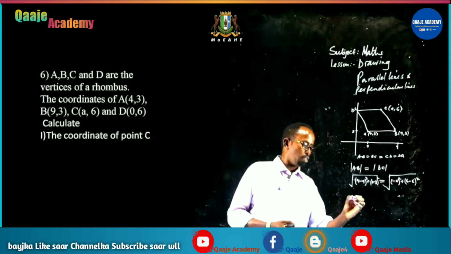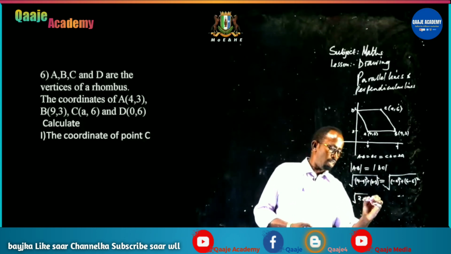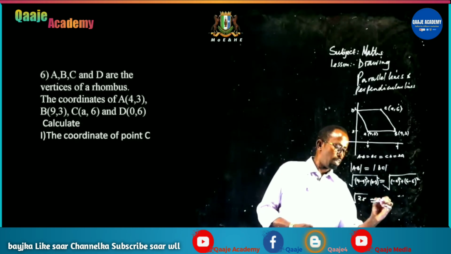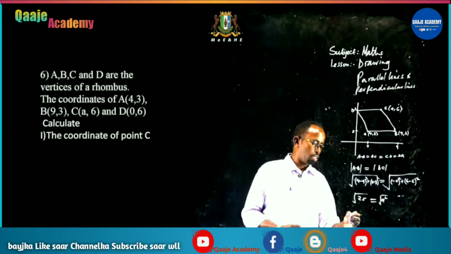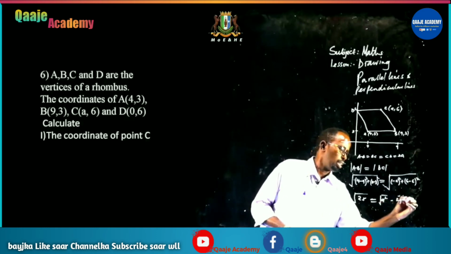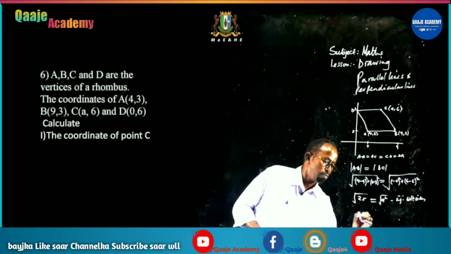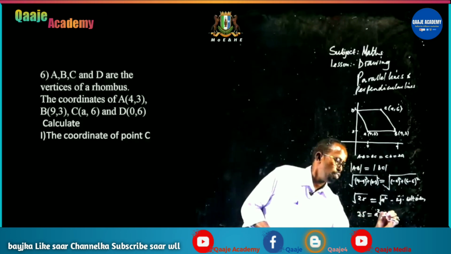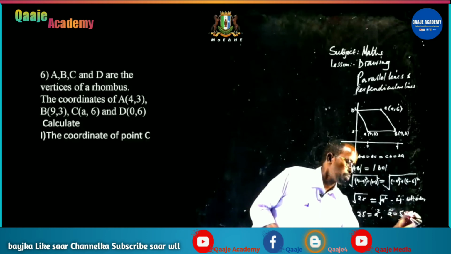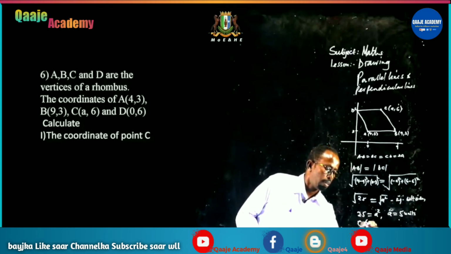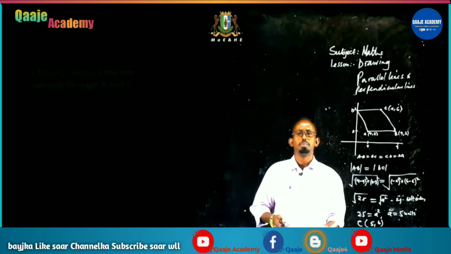So this is minus 5 squared, which is 25, plus 3 minus 3 is 0, squared is 0, equal to a squared. Square both sides, so 25 is equal to a squared. Therefore a is equal to 5 units. Now the coordinates of C are (5, 6).